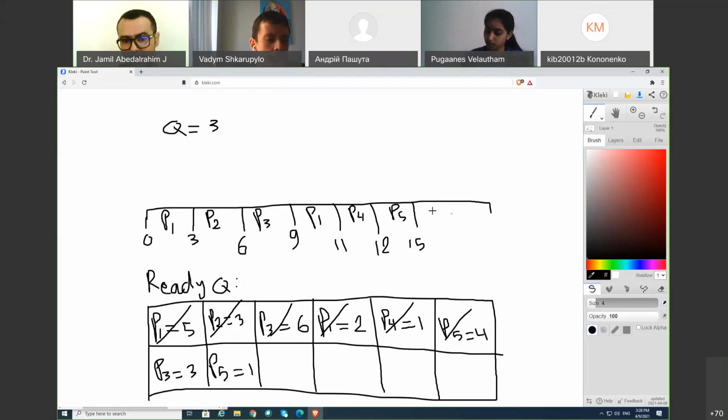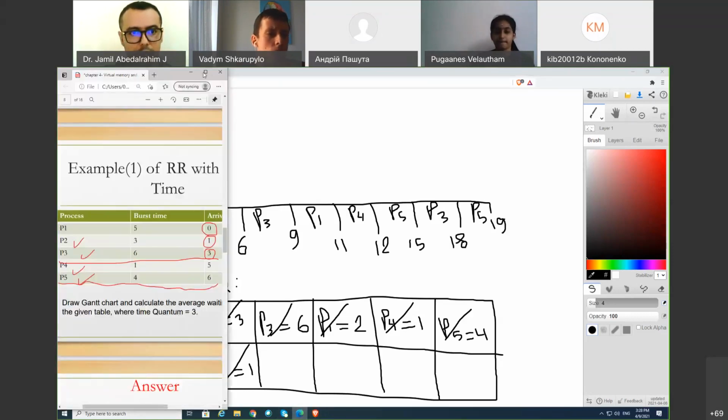After that, P3, 3 units till 18. There is no remainder, and last, P5, only 1 unit until 19. So this will be our Gantt chart for the given question.